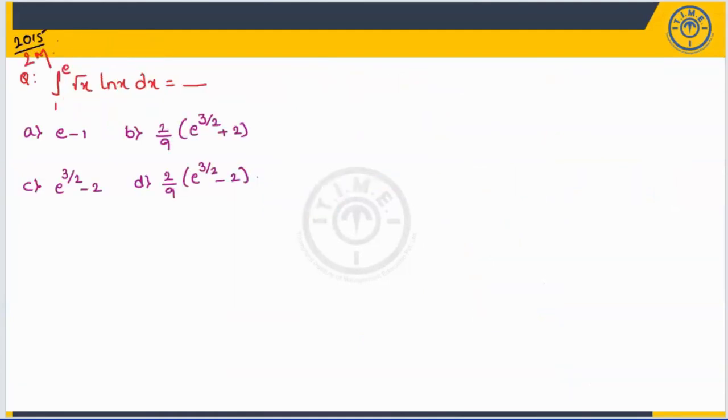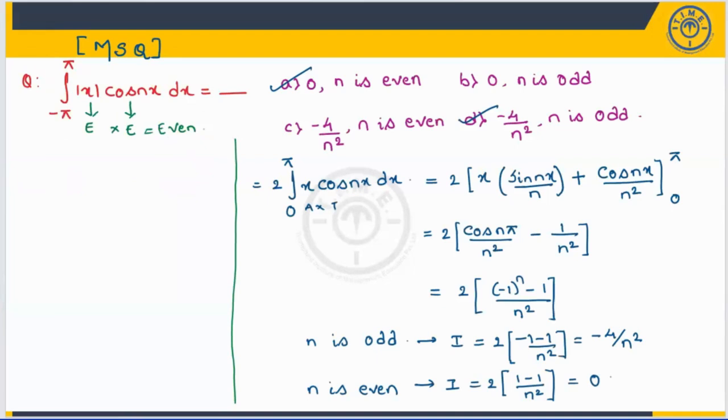Sir, that second step, once you explain. Second step, sir, cos n pi by n square minus 1 by n square. Now I have applied the bounds. Sine n pi, upper limit, sine n pi is 0.